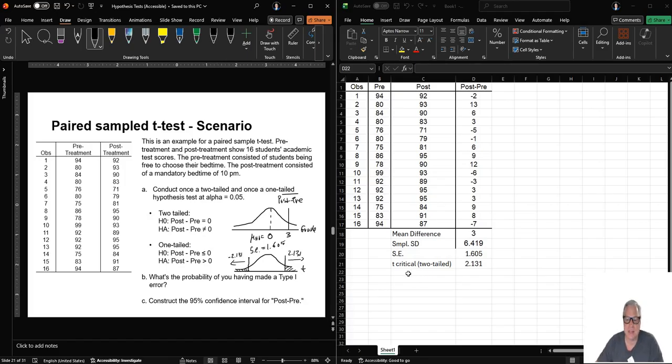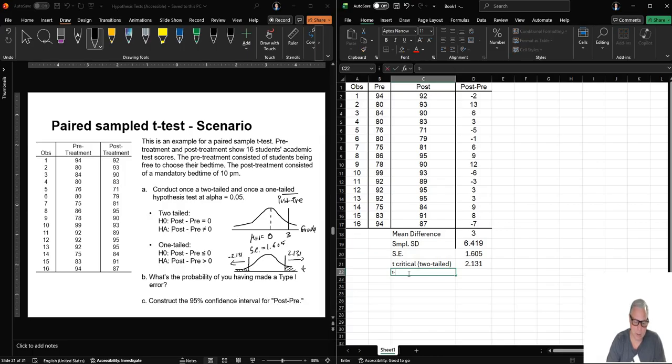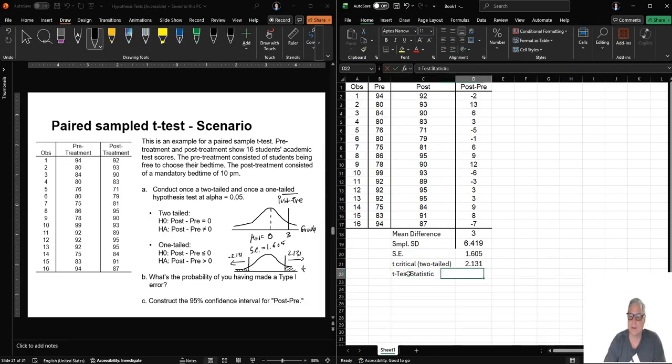So what is that test statistic? I call it the T test statistic. So now we have to ask, how far away is a sample mean of 3 that is drawn from a population with a hypothetical mean of 0?